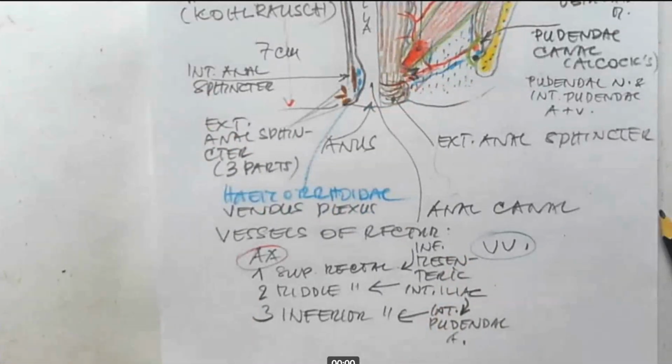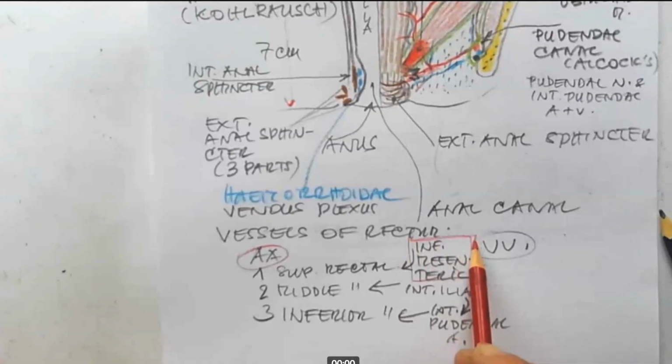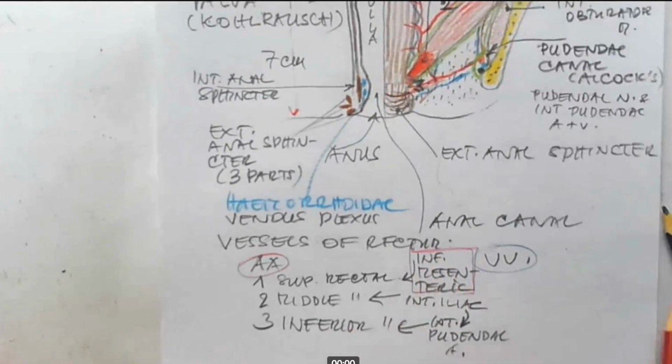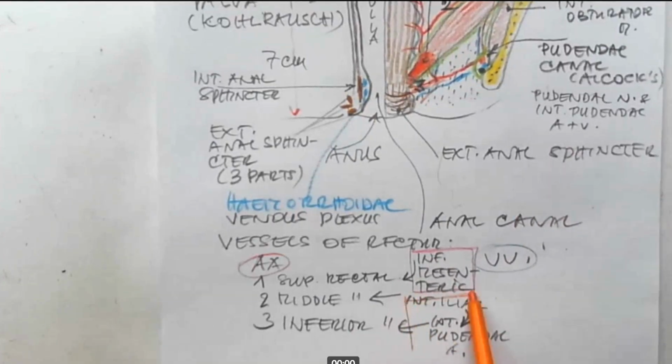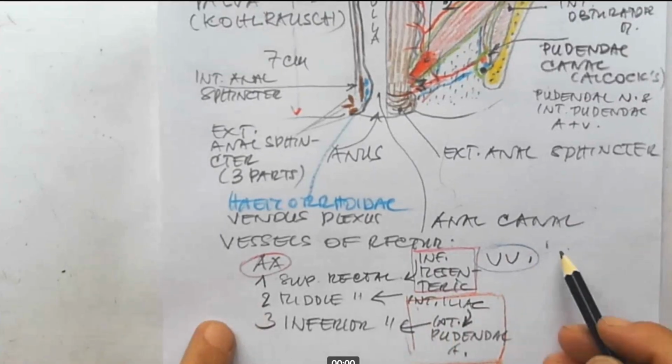So note, please, that there are two systems now, using different colors. First of all, red: the inferior mesenteric is one area. These are mesenteric arteries. And the second one, using orange, comes from the pudendal system or internal iliac. This is another system. And the same will be the veins, because veins will have the same names.